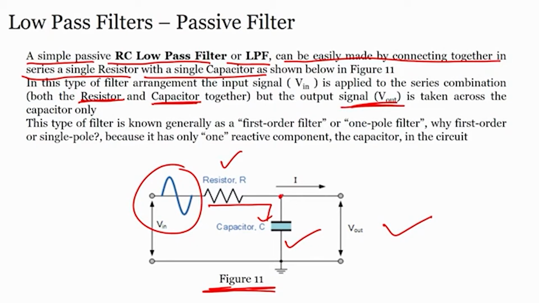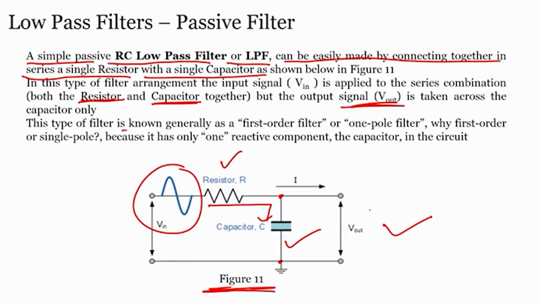So, when you talk about low pass filters using passive components, it becomes a low pass passive filter, and in that you have a resistor at the input in series with a capacitor. The signal is applied to the series of resistor and capacitor, and the output is taken across the capacitor.